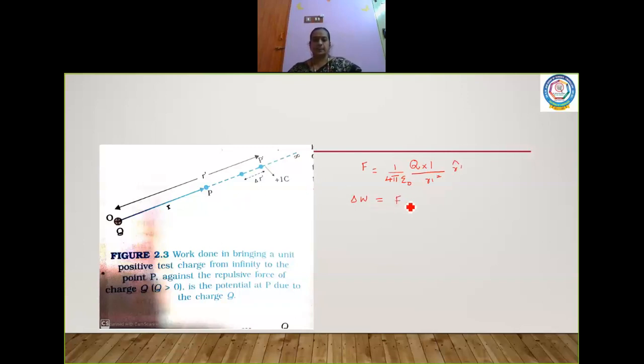So I substitute the value for force, which is 1 by 4 pi epsilon naught, sorry, capital Q into 1 divided by R dash square, into the small distance. Look at the diagram, it is del R dash. Is it clear?